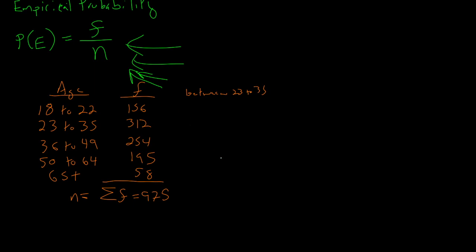Hey, Rocky, watch me. Let me pull a rabbit out of my hat. No. And so the probability would be, well, what's the frequency? 23 to 35. Well, it's 312 out of 975, or 0.32. I have a 32% chance of pulling out someone 23 to 35.